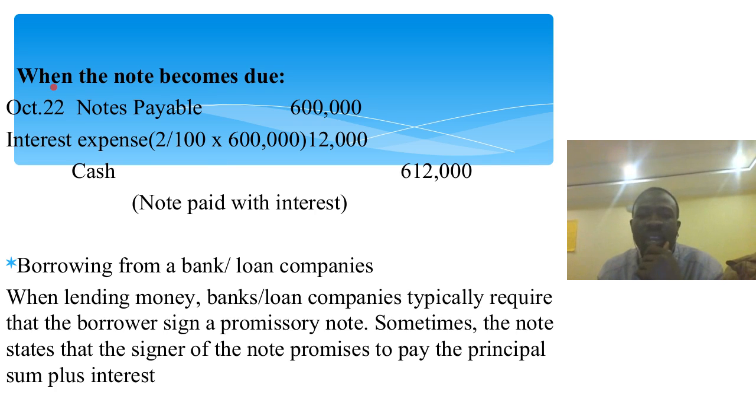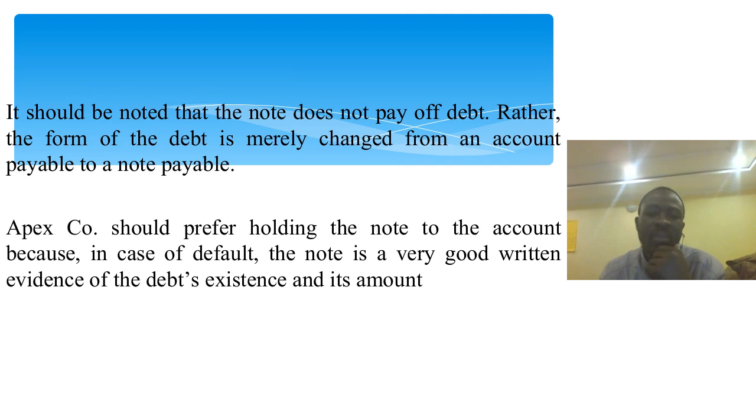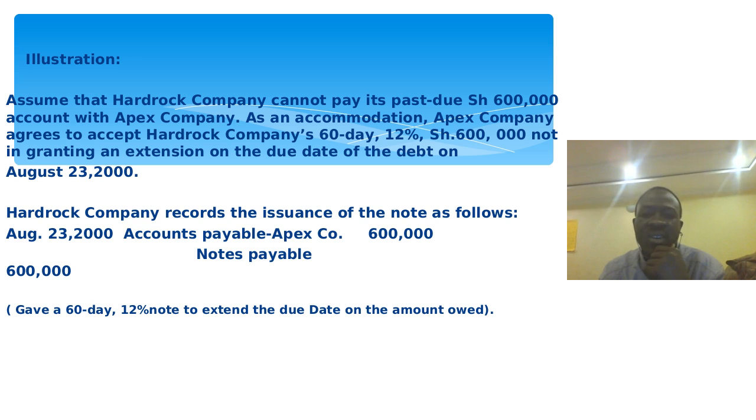Now, when the note becomes due, that is when Hard Rock will be supposed to pay. The entries that we'll make: number one, you have to calculate the interest. And remember the interest is 12%.